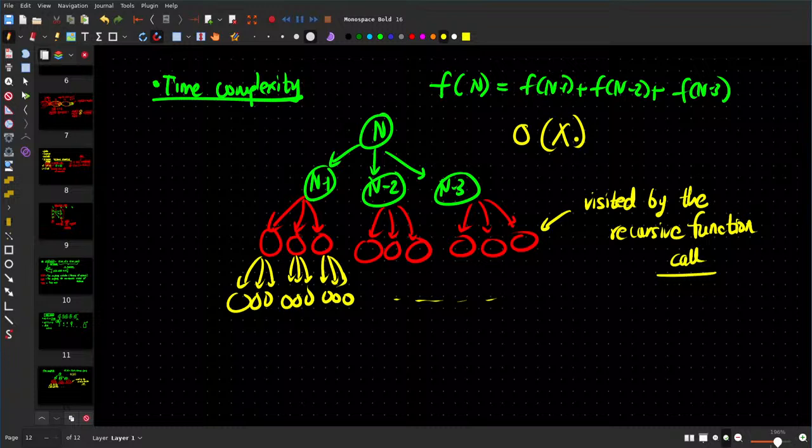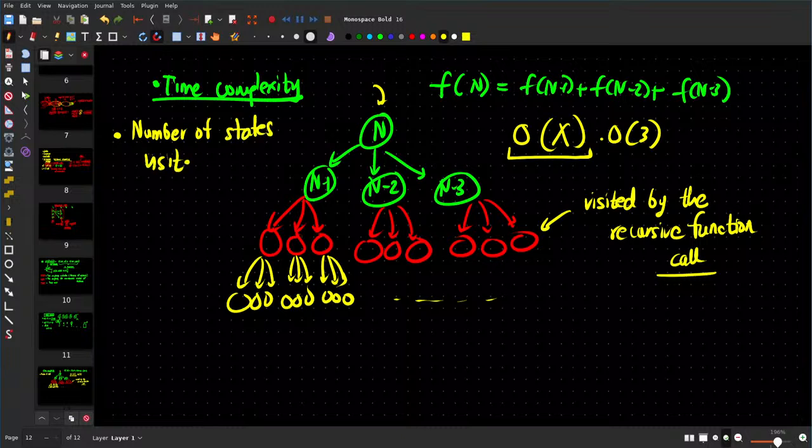And if there are x states visited for a particular n, and to go from one state to another we have 3 choices, so you need to consider this as well. So the time complexity is usually formulated as the number of states visited multiplied by transition cost.